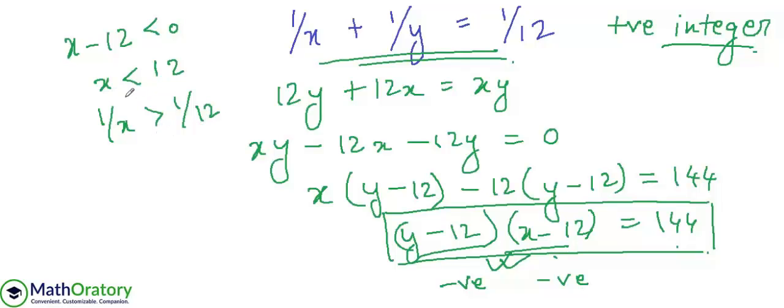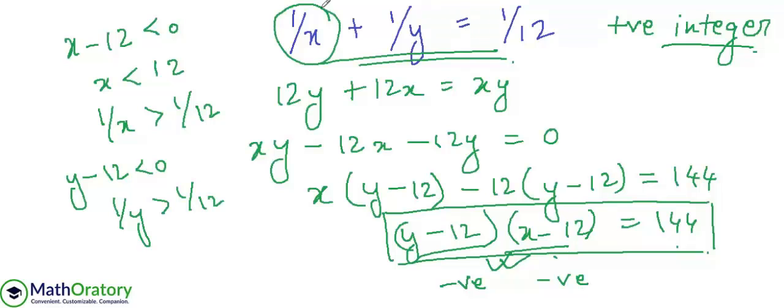And with the other one also, if y minus 12 is negative, the same thing applies. So we have 1 by y greater than 1 by 12. Now how can both of these numbers be greater than 1 by 12 and add up to 1 by 12? That is not possible, right? So both of these being negative is not possible. So both of them have to be positive.